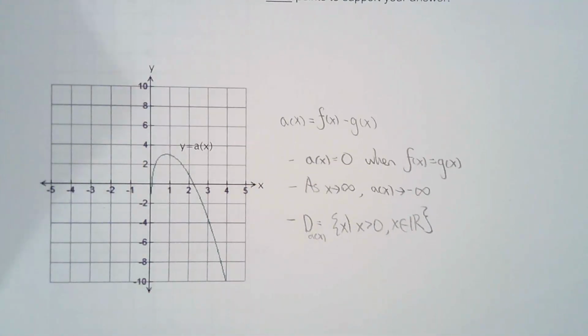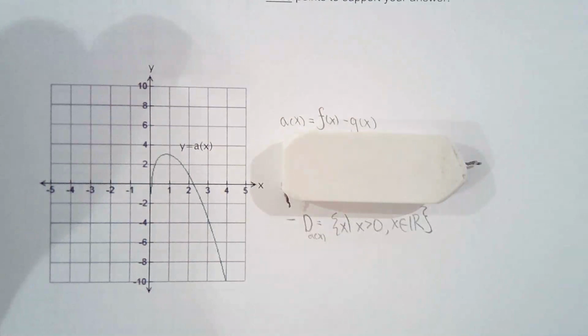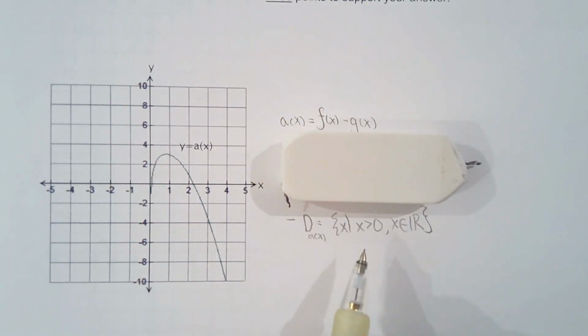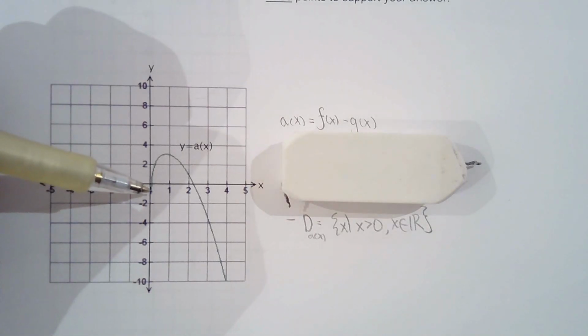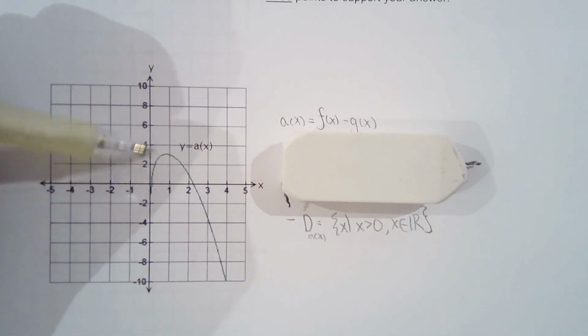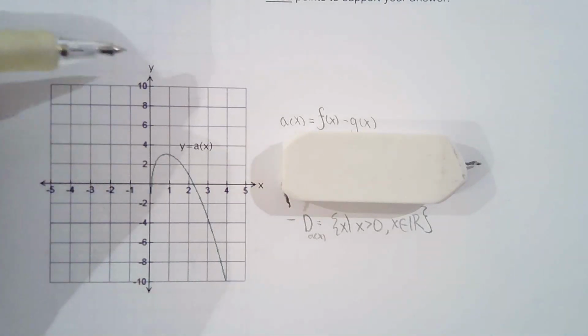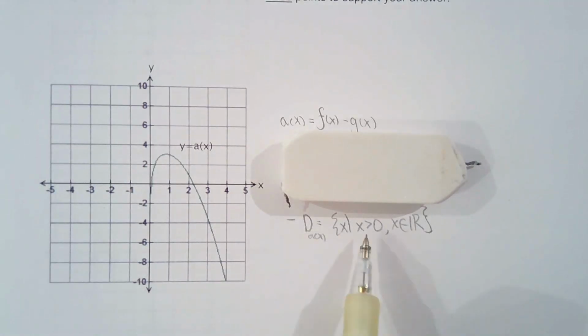Now, a student might come to me and say, hey, why don't we just start off with domain? Would that be a good point to make to begin with? And my argument would be no, because if you start off with that point, there are actually many ways of combining f and g that will have this domain. For example, if I added f and g, this would be the domain. If I subtracted f and g, I would have this domain. If I multiplied f and g, I would have this domain. So because of that, it doesn't really narrow it down, okay?